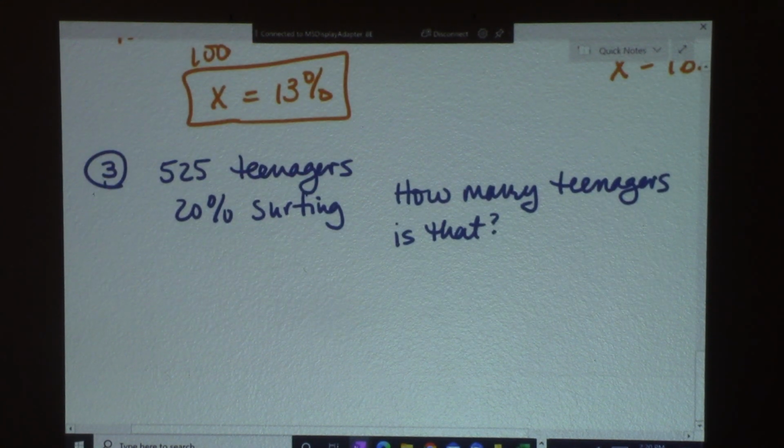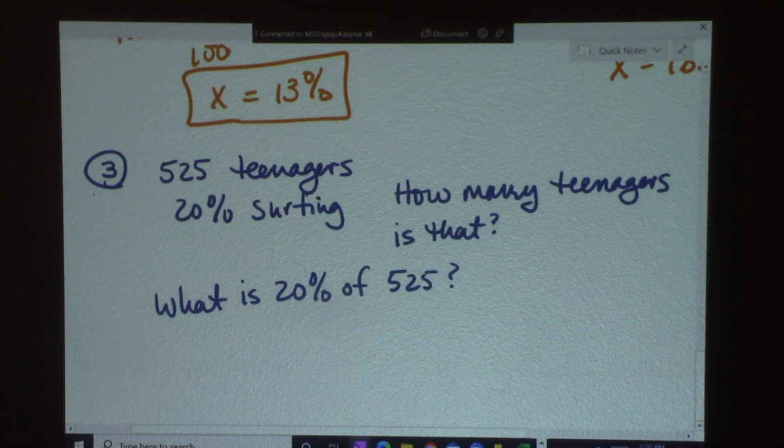Okay, so what is 20% of 525? So we kind of turn our problem into a sentence like we had in the first two.